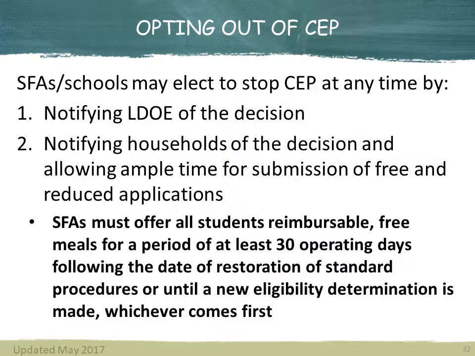Opting out of CEP, this does not happen. So I have one system that opted out of CEP, and the reason why is because this was back in the beginning, and the percentage that they thought they had was not what they really had. So when we went out there to check, she planned on claiming all the meals free because she thought she had 100% free claiming, she really had like 42% identified students, and so she was claiming a much lower percentage.